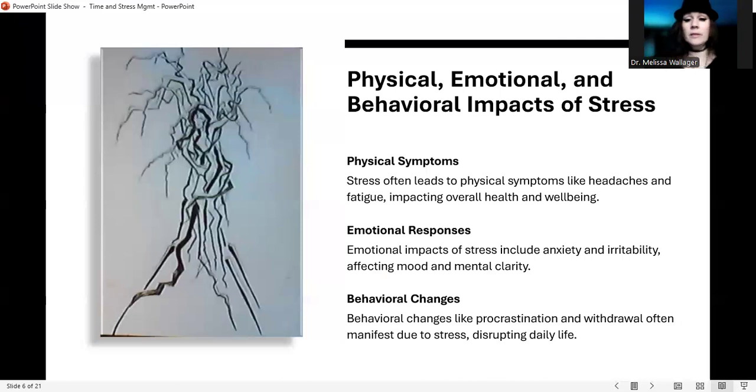Emotional responses. One that I struggle with sometimes is anxiety, because I tend to overthink things. I know that perfection doesn't exist, but for some reason in my mind, I've got to strive for it: high standards, high expectations.